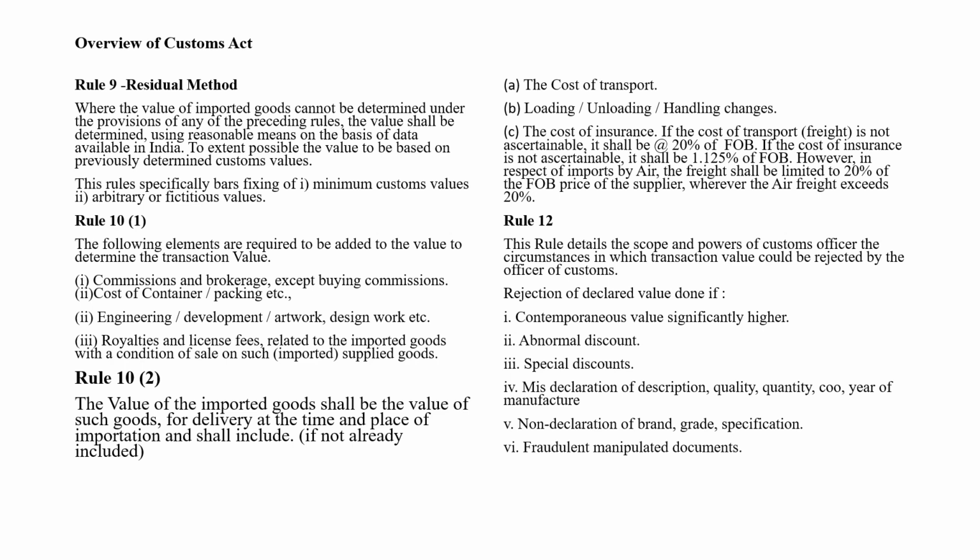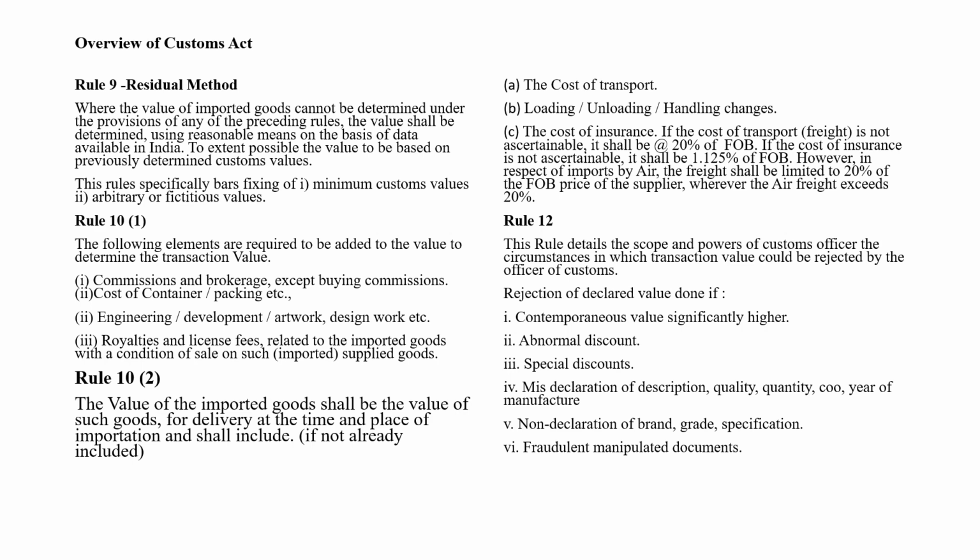If the cost of insurance is not ascertainable, it shall be 1.125% of FOB. However, in respect of import by air, the freight shall be limited to 20% of the FOB price of the supplier, wherever the air freight exceeds 20%. Very important.